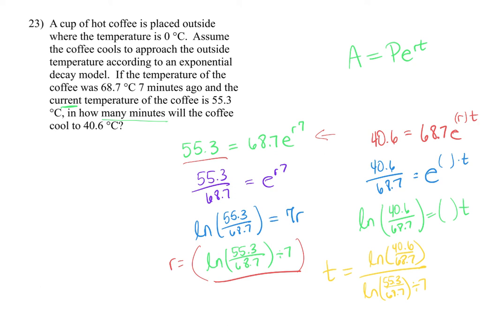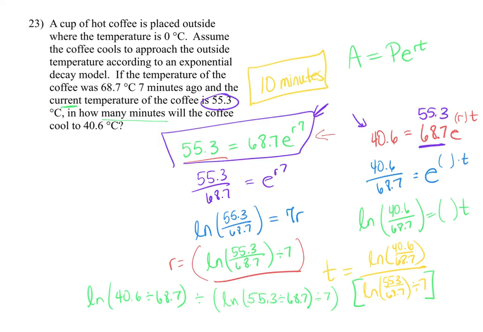Something like this, you have to ask, where did I start? Where am I finishing? But either way, you should get the right answer. And I think, if I look correctly, 10 minutes is what I got when I did this one. If you look at your answer key, it will have your 7 in there because it expanded the 7.